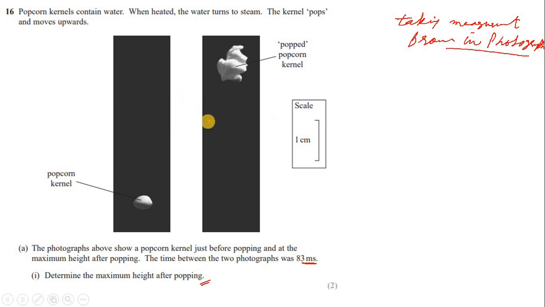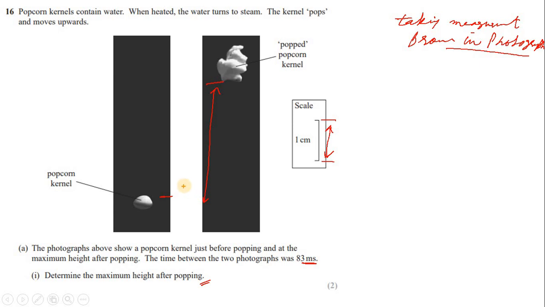You can take measurement from the photograph. You can measure the distance between these two pictures using your ruler, and then use the scale factor to convert your measured height to find the actual height gained by the popcorn. So one method is from the picture.